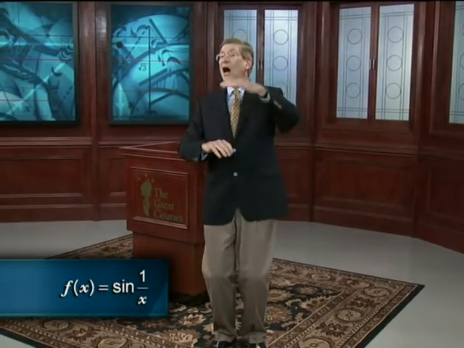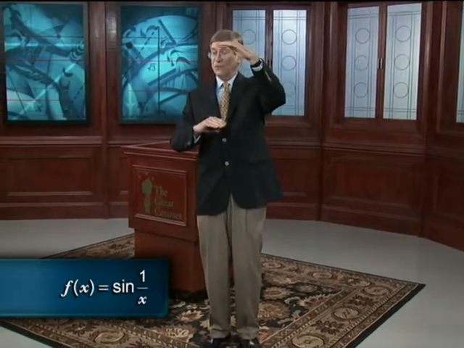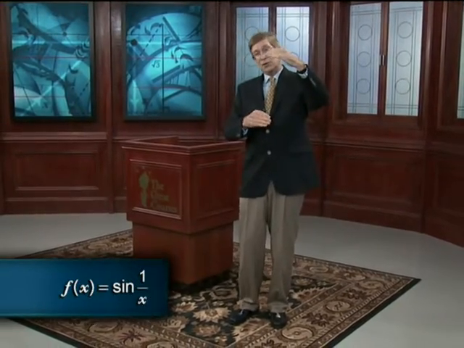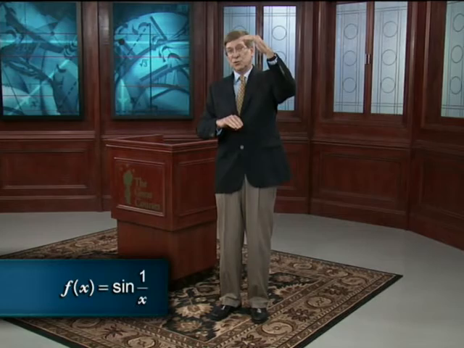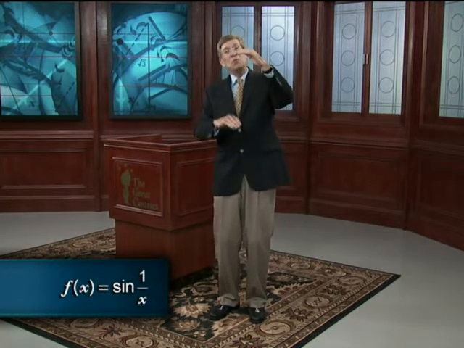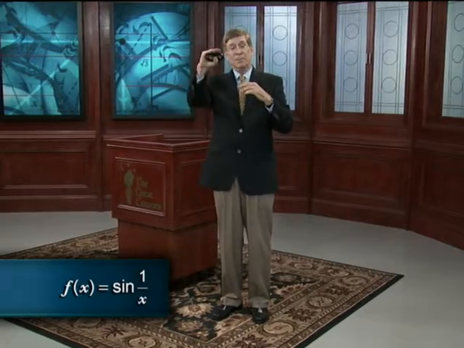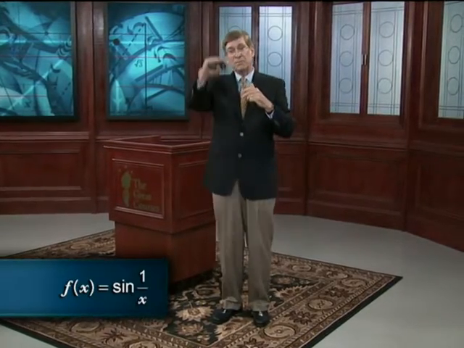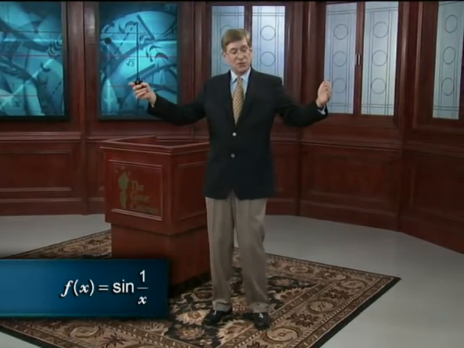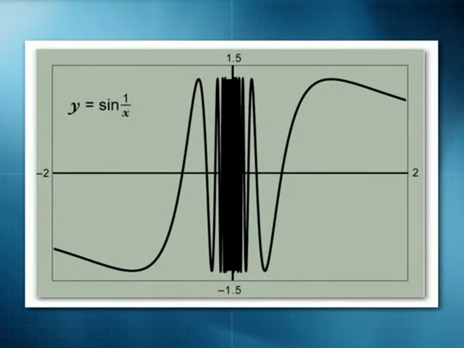For the vertical window, I'll say minus 1.5 to 1.5. I know the amplitude is still 1, because there's no number in front of the sine. So it's going to go between minus 1 and 1. And here's a graph of it.